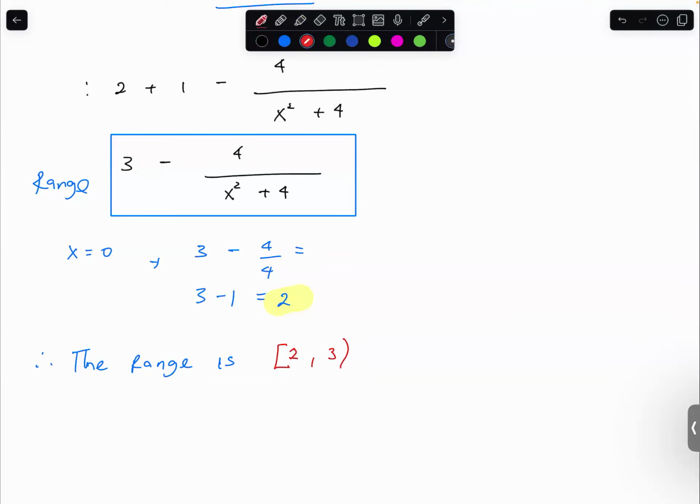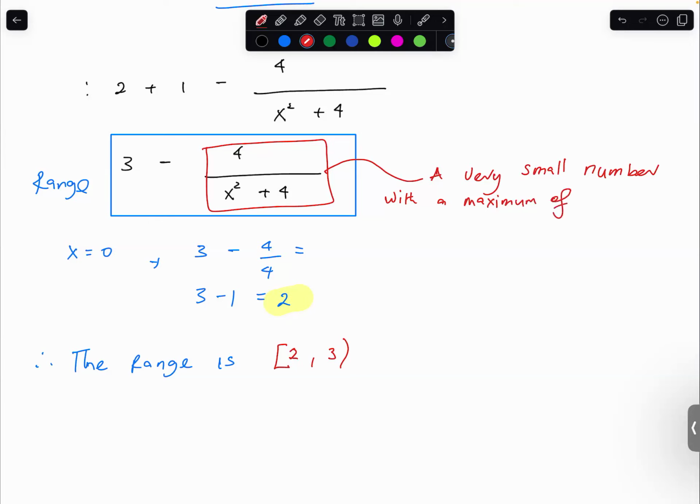Maybe I should write it. This term is a very small number as x increases to the left or to the right, because the x is squared. And the maximum it can take is 1.